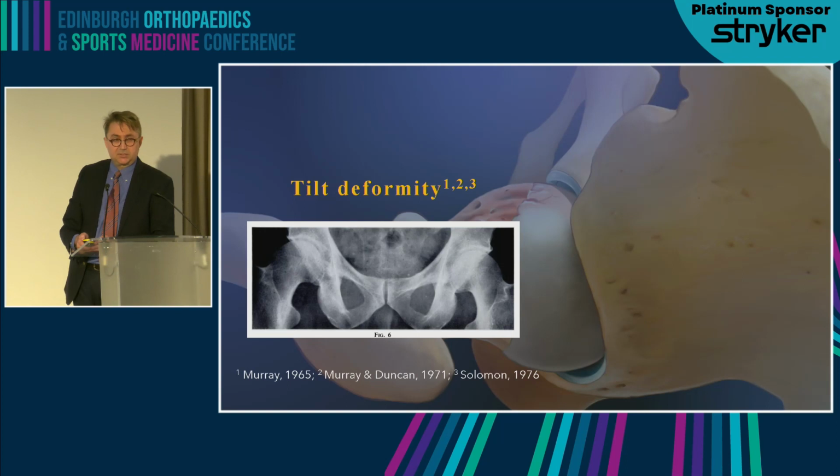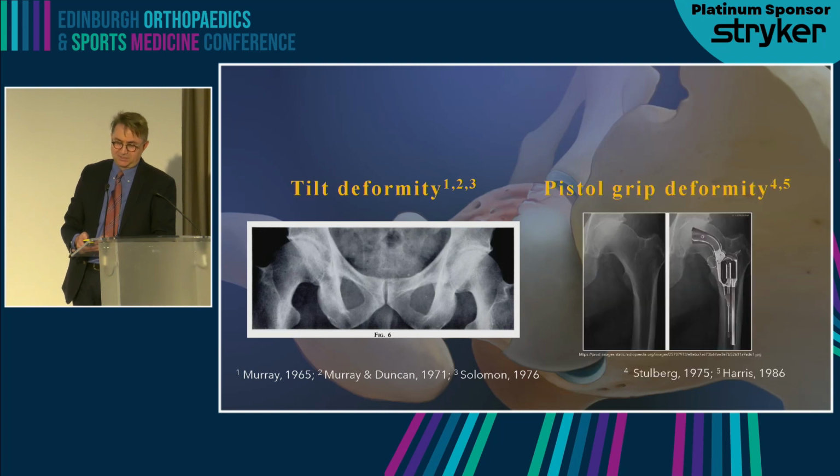Others before him had used the term tilt deformity. Dr. Murray, who was a radiologist practicing in London in the 1960s, but also Professor Solomon, I learned the other day, who practiced in Johannesburg at Wits University, used the term tilt deformity in a wonderful publication in 1976.